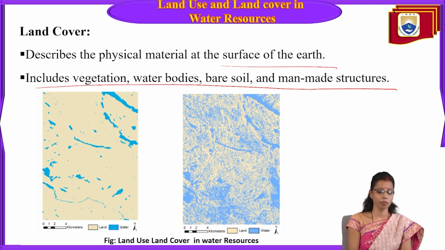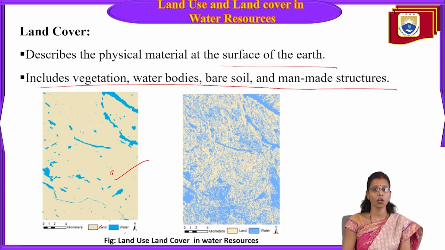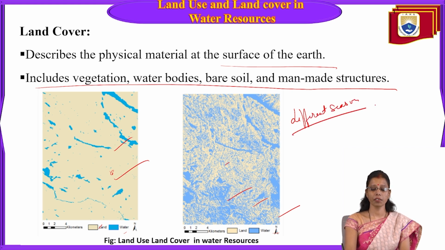Okay, so here if you see land and water, this yellow color is the land and the water is blue color. Now here also there is a yellow color and water is more. This is the same area in a different season. How can we say this is the same area in a different season?